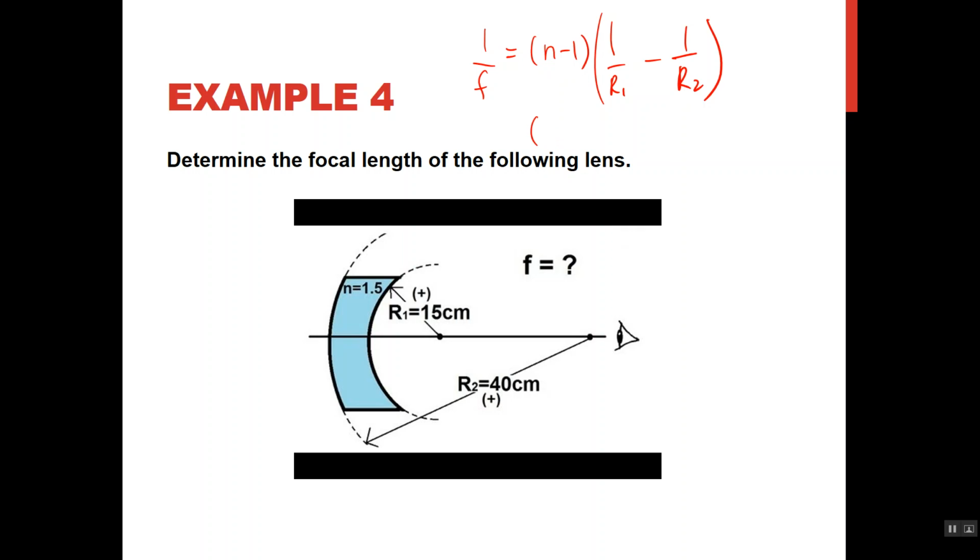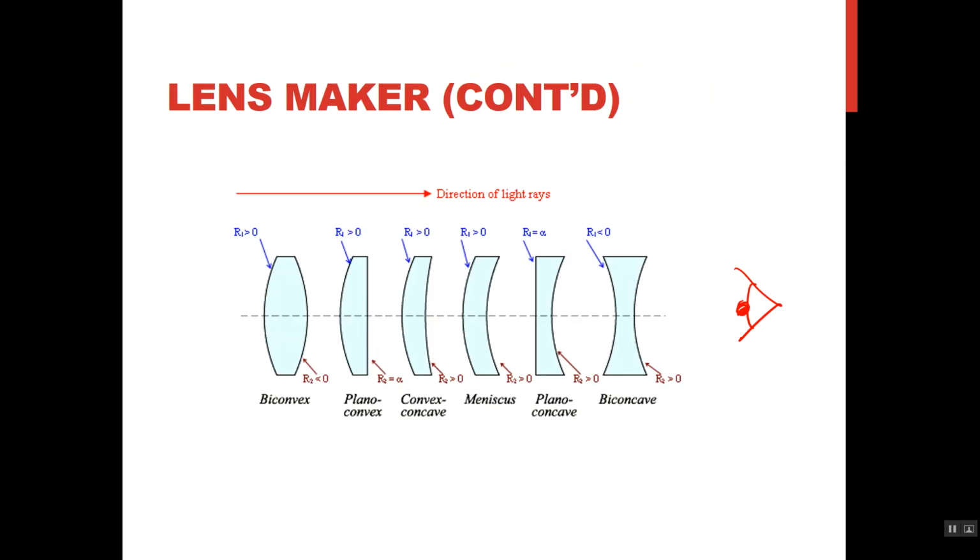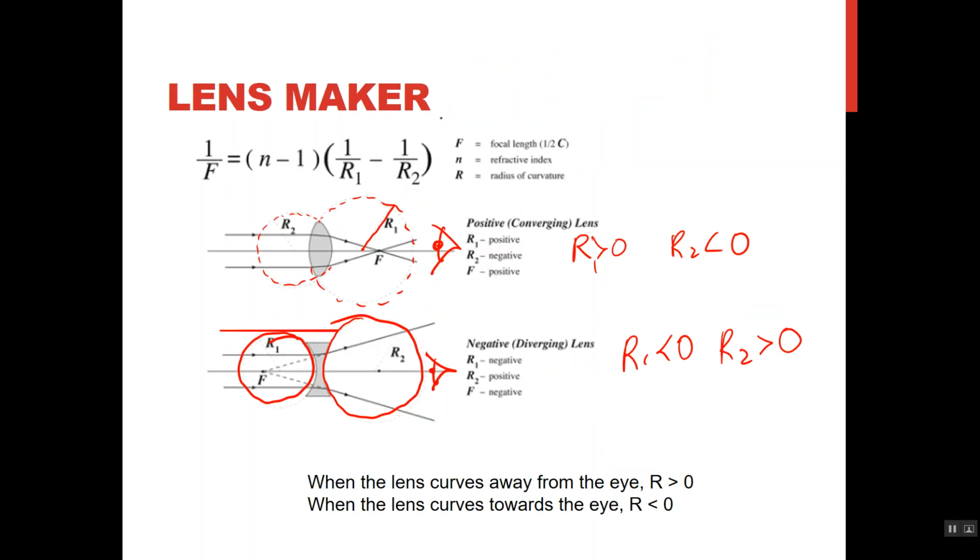So what's the sign of R1? Is it curving away or towards? R1 is the first one that gets hit. Yeah, that's a mistake. No, look, R1 is the first one that gets hit.